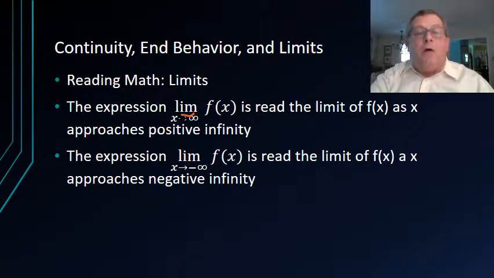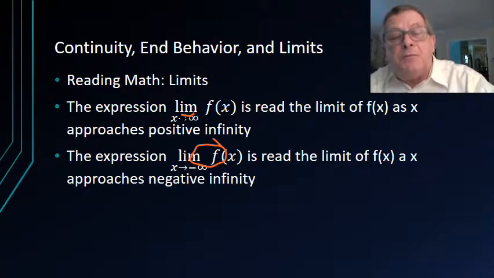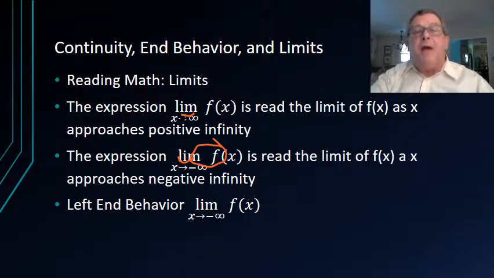And also, with the expression f of x moving towards negative infinity, it is read as the limit of f of x as x approaches negative infinity. Now, we look at the left end behavior.